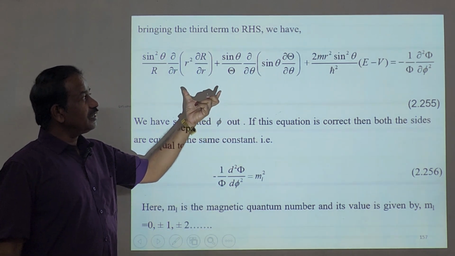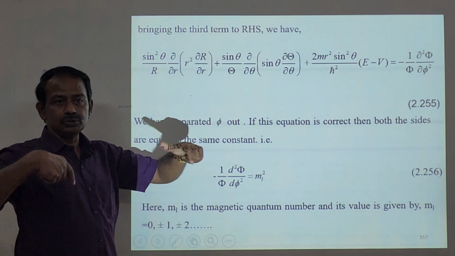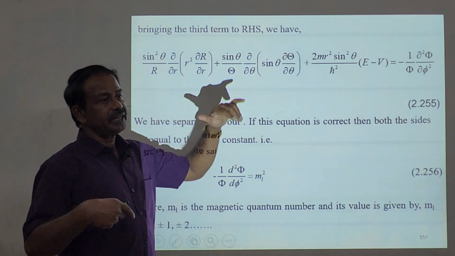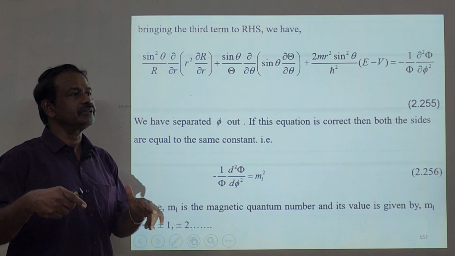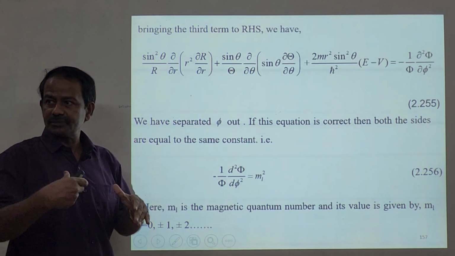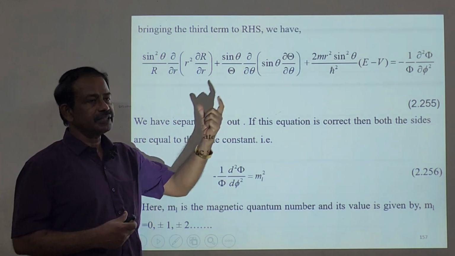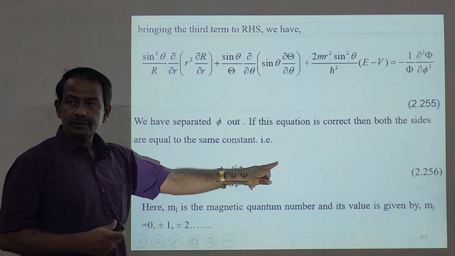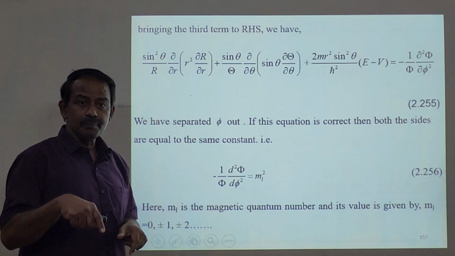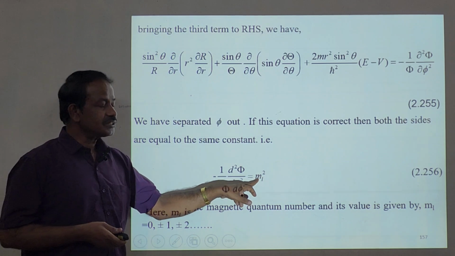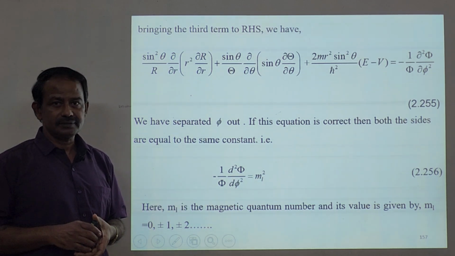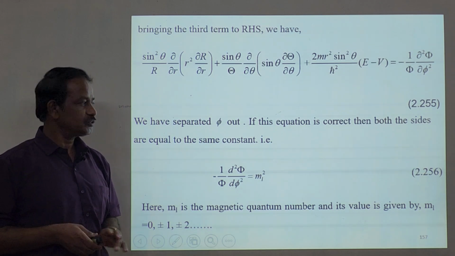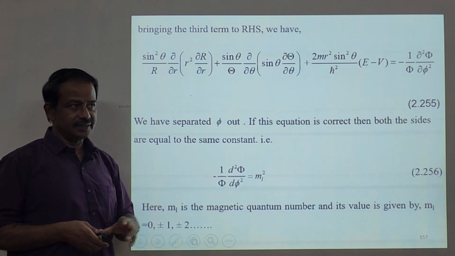So as I said earlier, these two sides are separated, and this must be equal to some constant, like P1V1 equals P2V2 equals some constant. So this will be equated to some constant. We are going to equate this constant as ml squared. M stands for magnetic quantum number, L stands for orbital quantum number. M depends on L. So that's the reason ml exists.